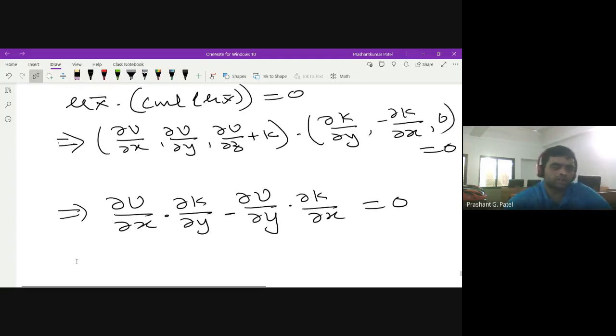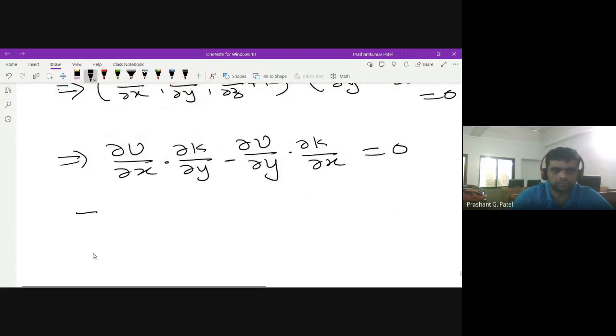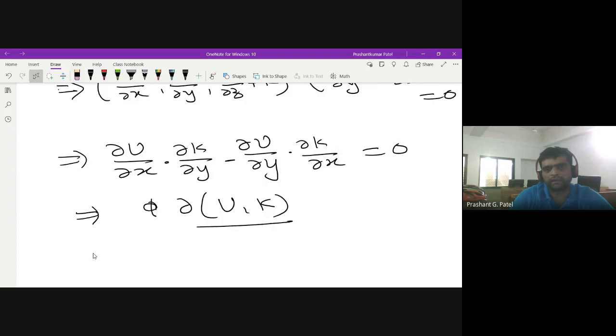This is actually a Jacobian of u, k with respect to x, y, equal to 0. And we get this. So hence k can be expressed.